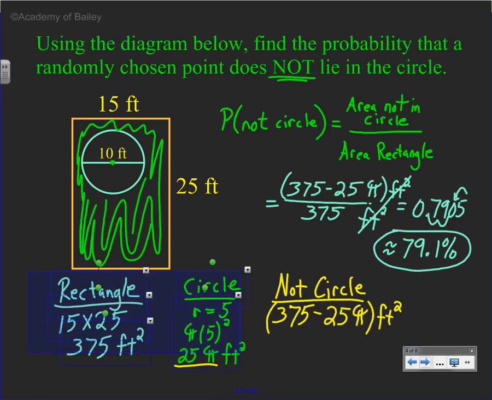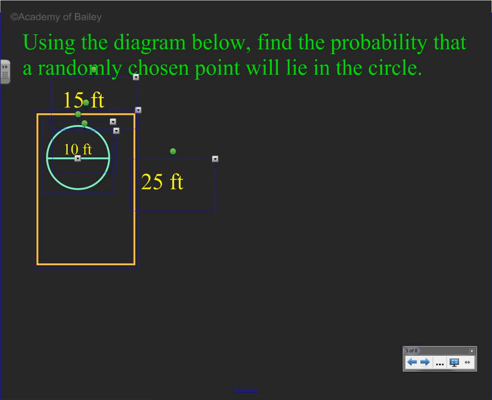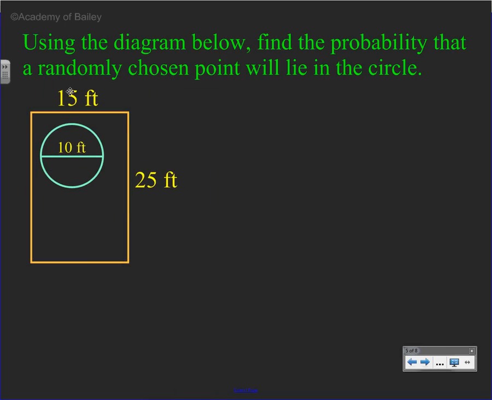Now, if we go to the next slide here, the next slide says, using the diagram below, find the probability that a randomly chosen point will lie in the circle.